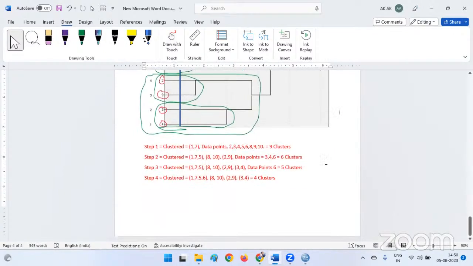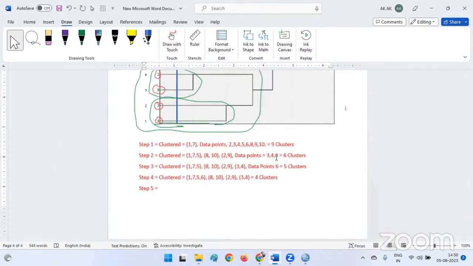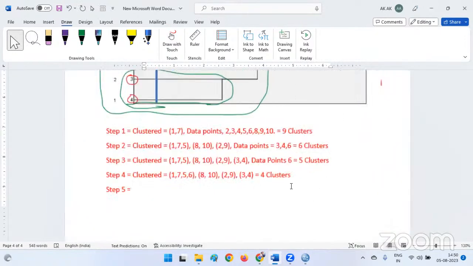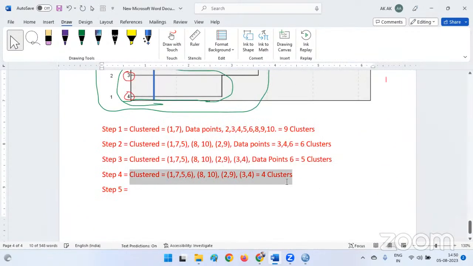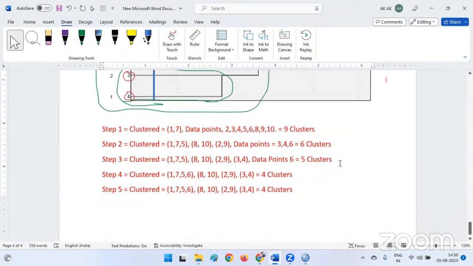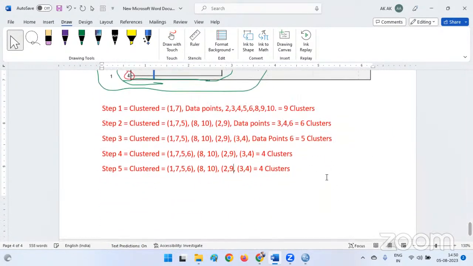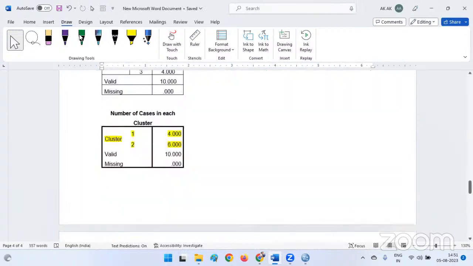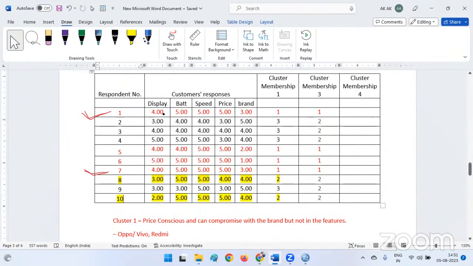And what next? We merged 8 and 10, sorry, cluster number 2, this 10 and 8, we merged with the cluster number 3 at the later stage. So let's see what happens. Now, next merging is this one.